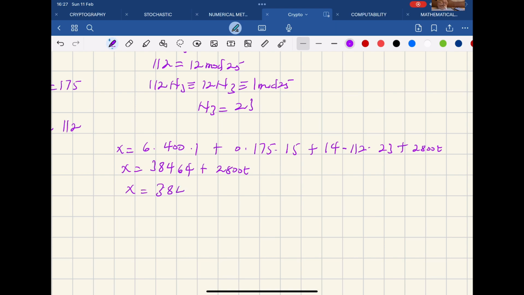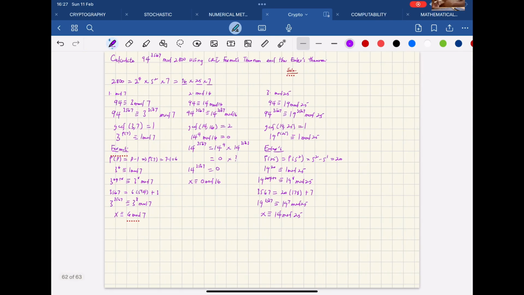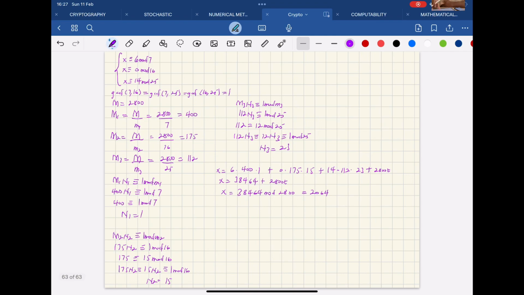So x is equal to 38464 mod 2800, and this is going to give us 2064. So this is your answer. If you were to go ahead and solve 94 raised to the power 3567 mod 2800, even using fast exponentiation, you end up getting this as your answer.